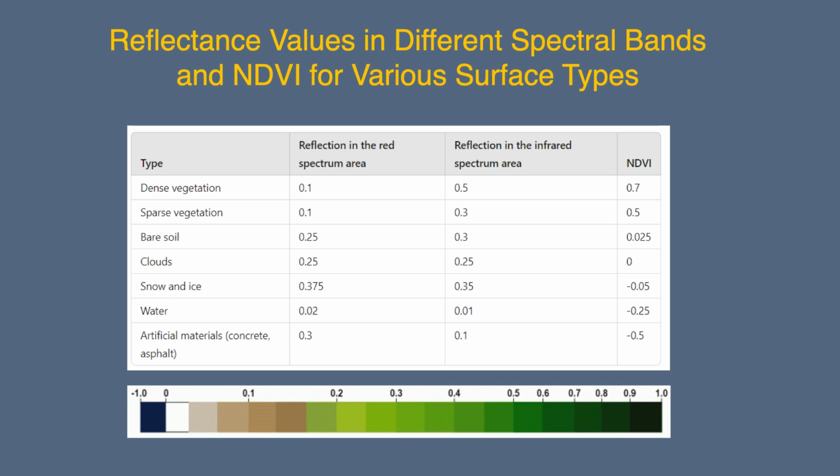These NDVI values help in separating different land cover types and monitoring changes in vegetation health, especially in agricultural, forestry, and environmental monitoring.